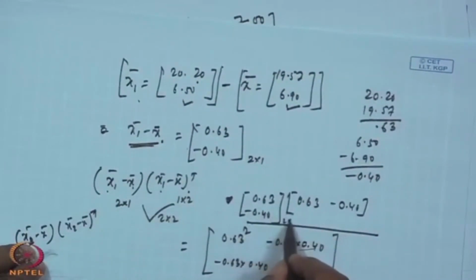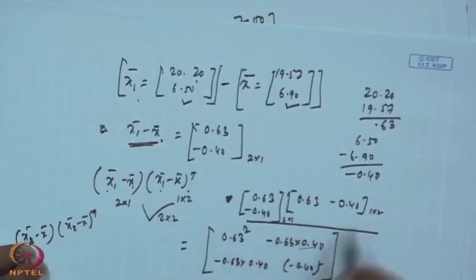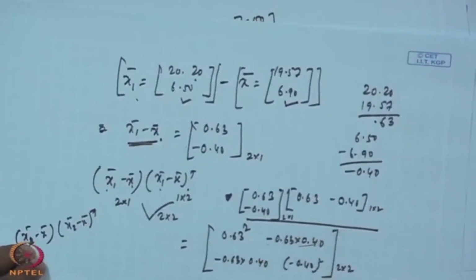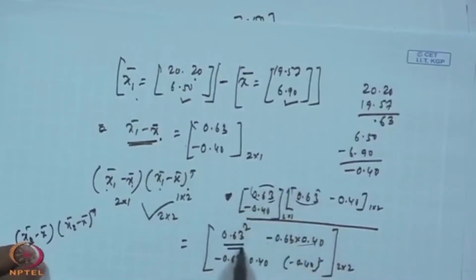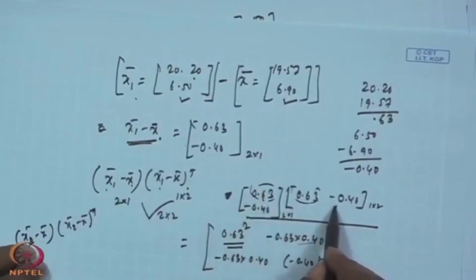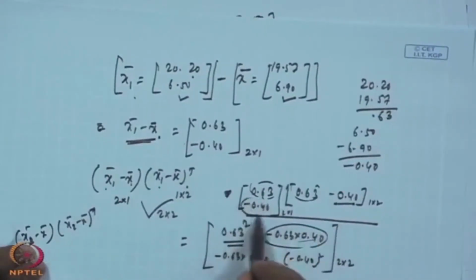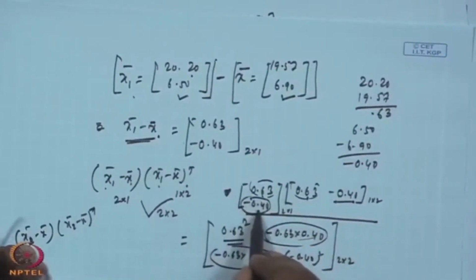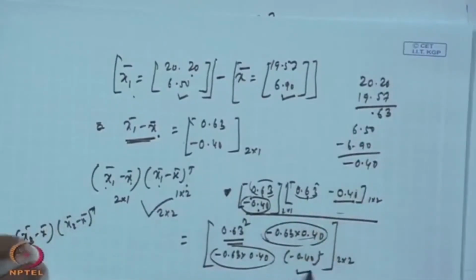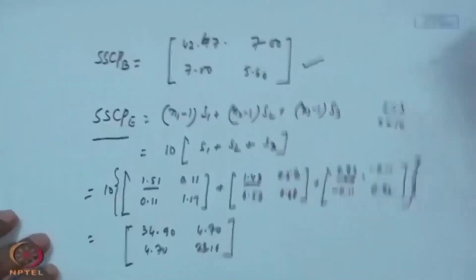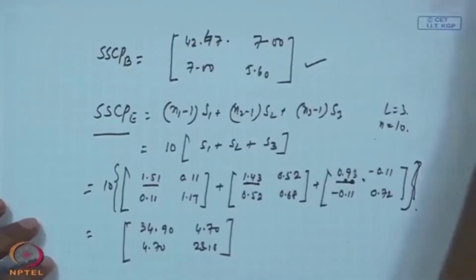So, it is a 2 cross 1 matrix, this is a 1 cross 2 matrix, and you will get a resultant 2 cross 2 matrix. So, 0.63 into 0.63, 0.63 square, 0.63 into minus 0.40, this will be the value, then minus 0.40 into 0.63, this is the value, and minus 0.40 into minus 0.40, this is the square value, and the resultant values are like this.